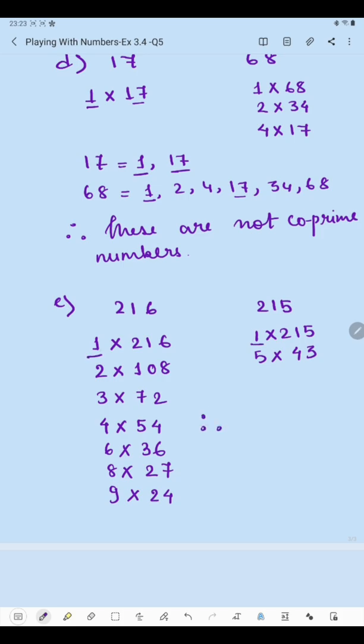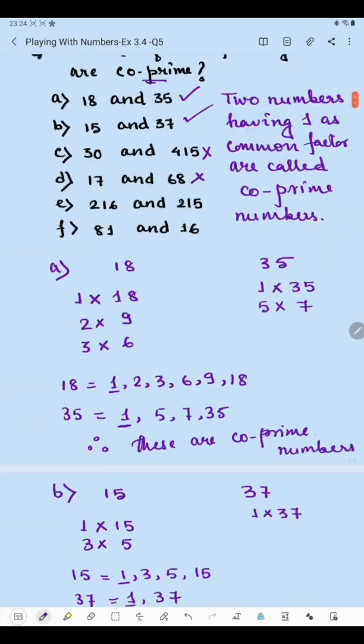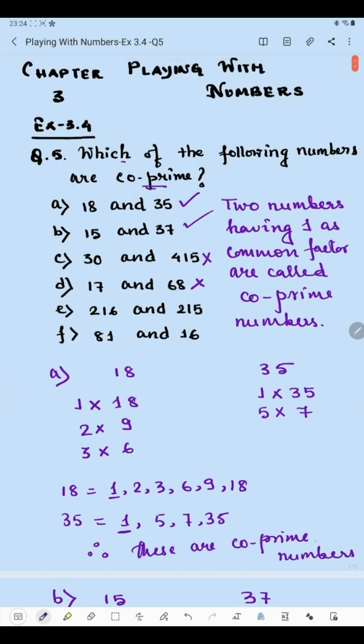So we'll write these are co-prime numbers. Okay, here we have ticked number E. 216 and 215 is a co-prime pair.